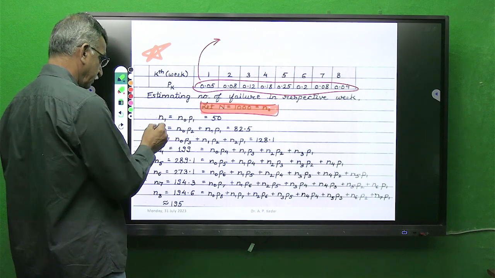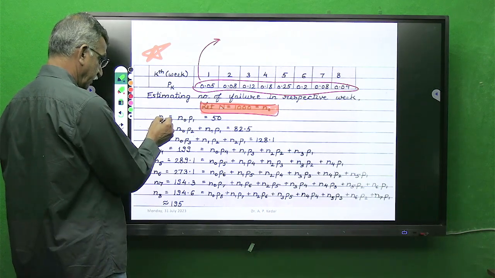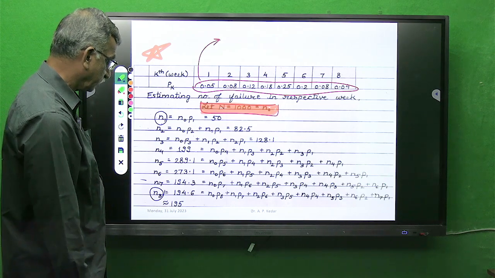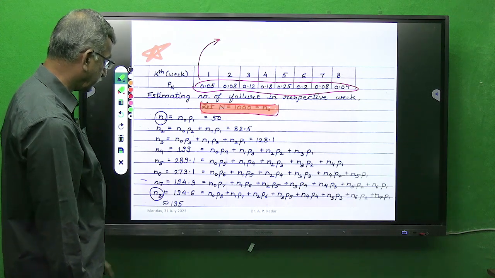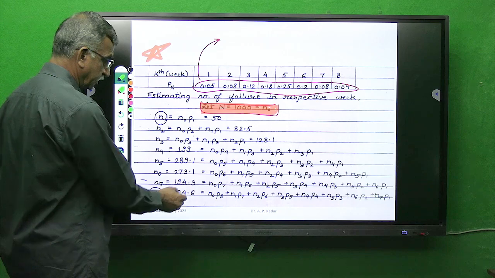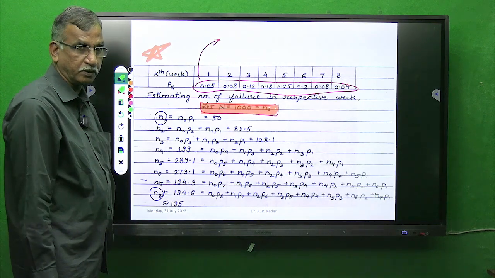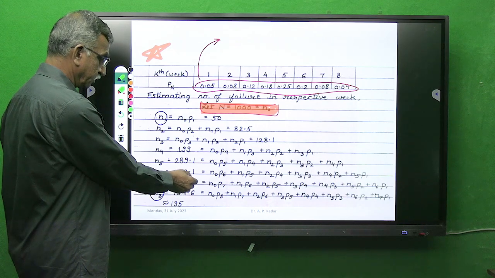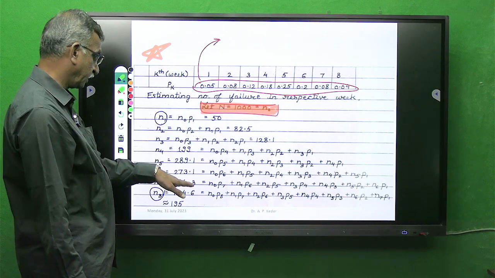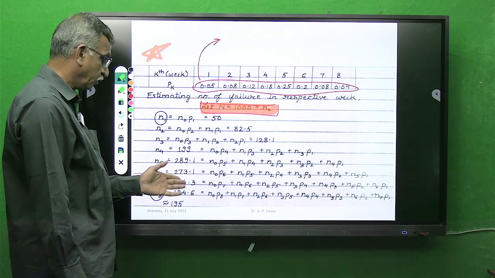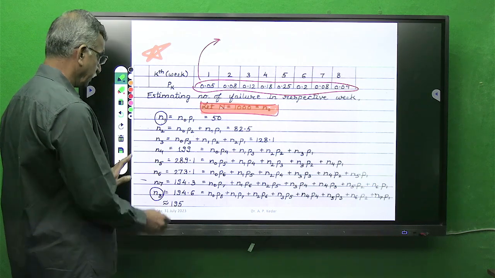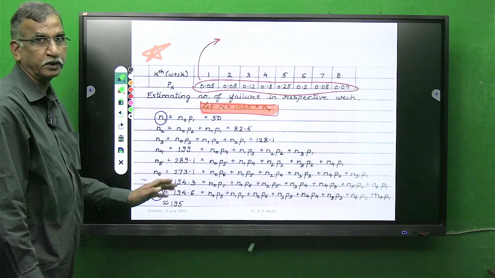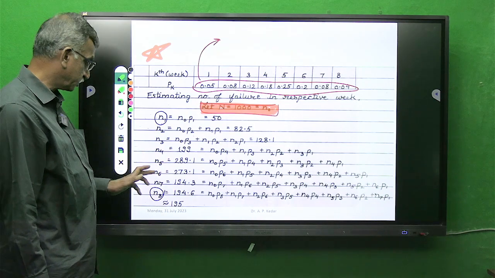Likewise, as in the previous case, we have calculated n1 to n8. See what you have to do. Do not take fractional numbers, take complete integer numbers. If it is 194.3, I cannot take 194.3 bulbs, so I have to take 195 as the answer. Likewise, all the numbers of failures are calculated as we have seen in the previous problem.